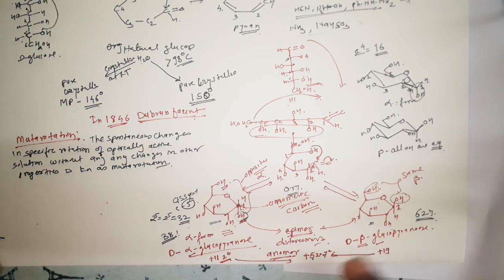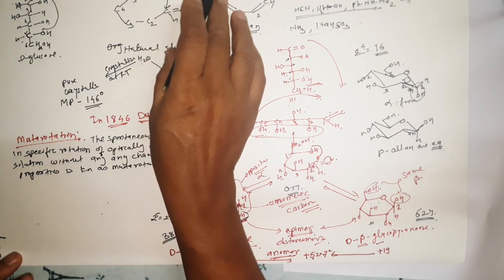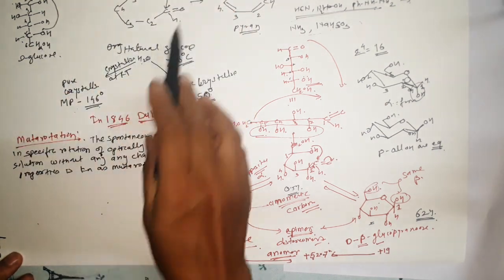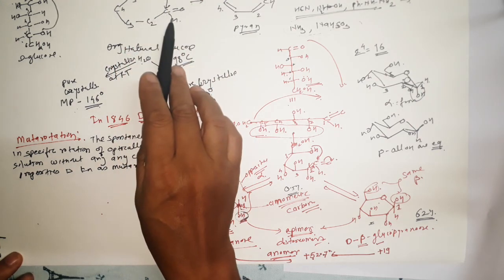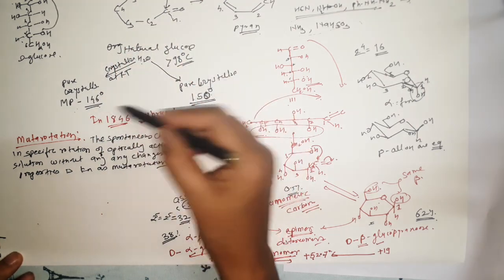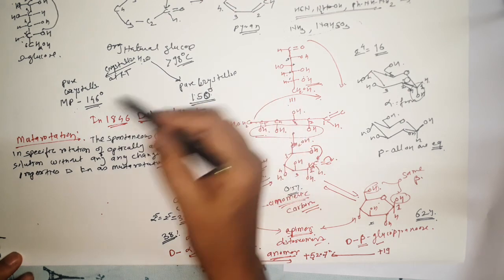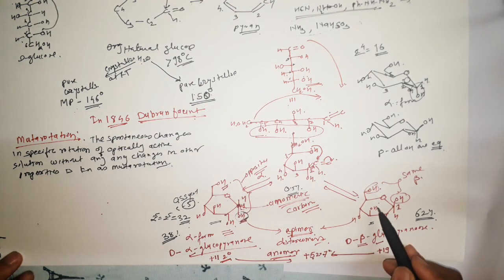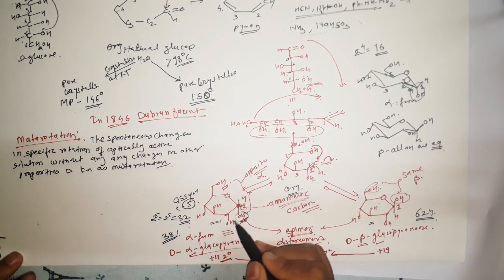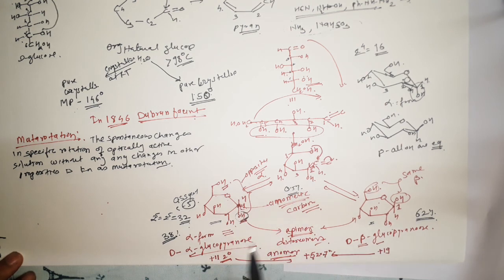So, what did we learn today? How the hemiacetal formation gives two possibilities to form stereoisomers. One is the alpha form and another one is the beta form. When we took the rotation, what happened?